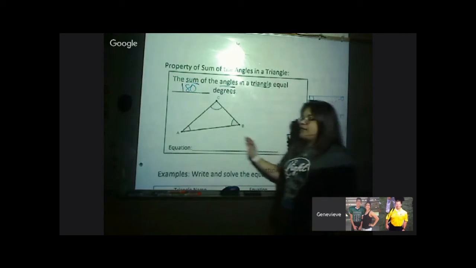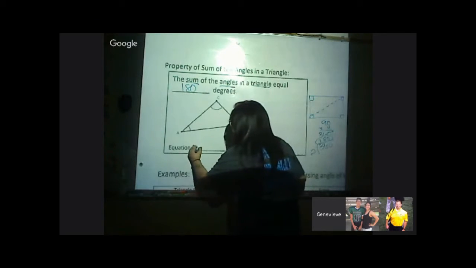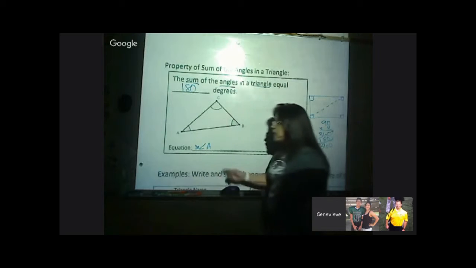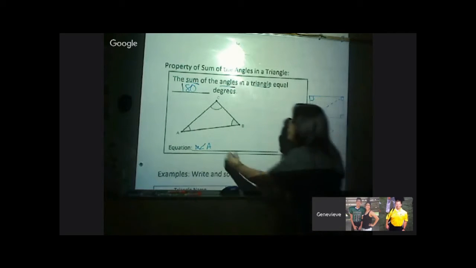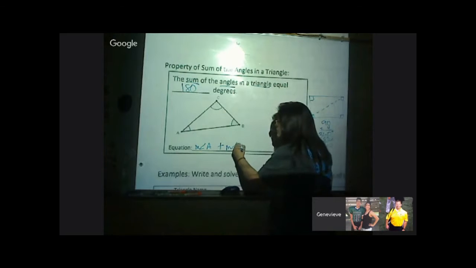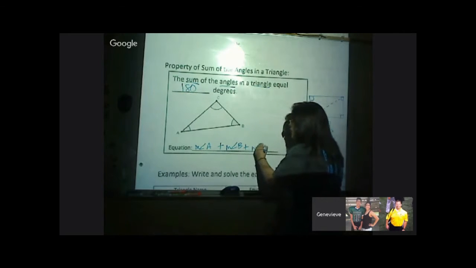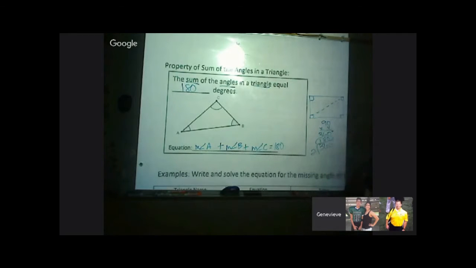Well, let's write an equation that explains that mathematically. How about something like measure of angle A, that's how we write that notation, M for measure, angle symbol, and then name it with the letter, plus the measure of angle B, plus whatever the measure of angle C is, better equal 180.